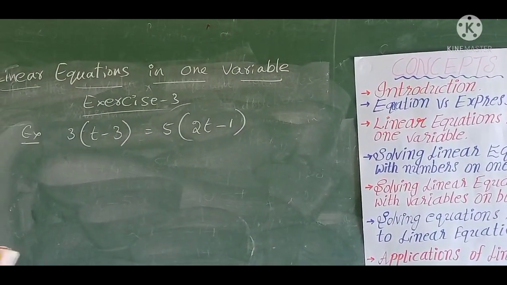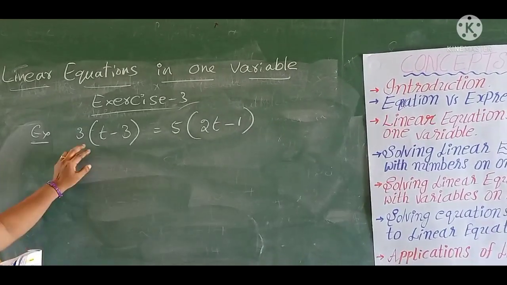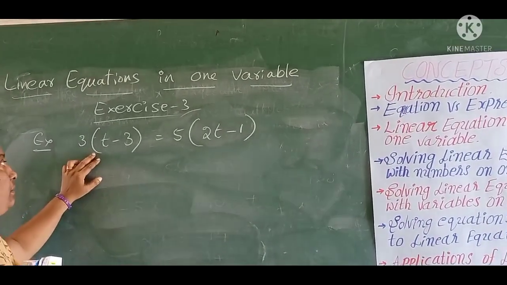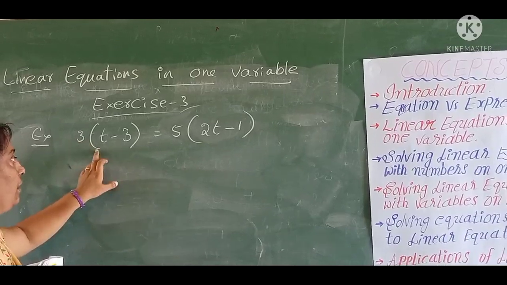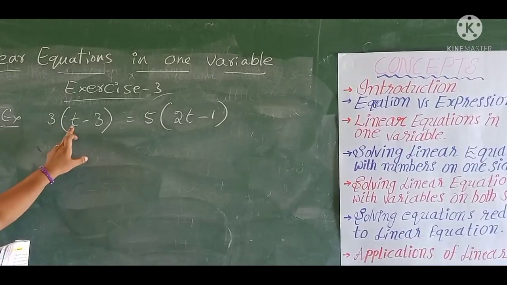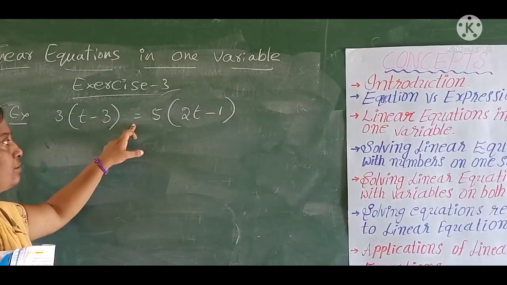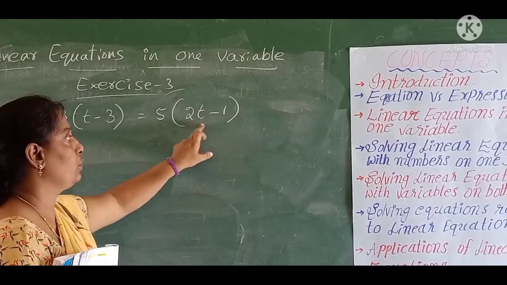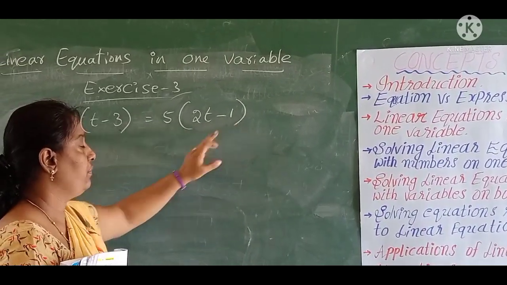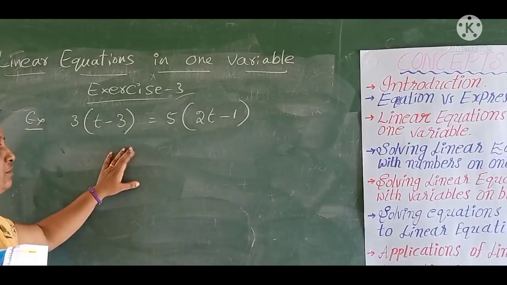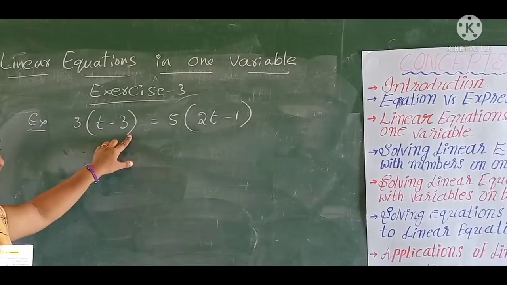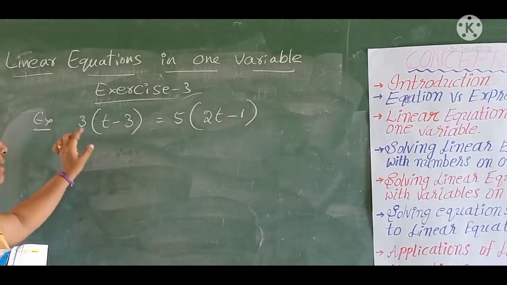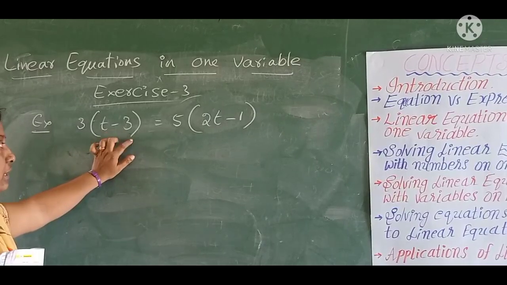See here? This is also the same model. 3 into (t minus 3) is equal to 5 into (2t minus 1). Before going to solve, we have to remove the brackets here. How do we remove them?